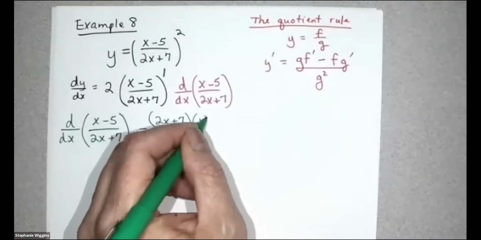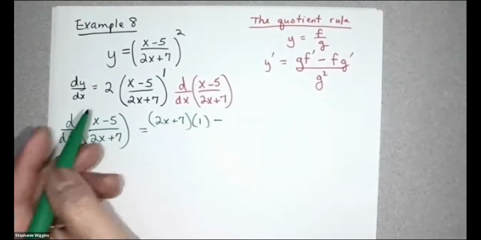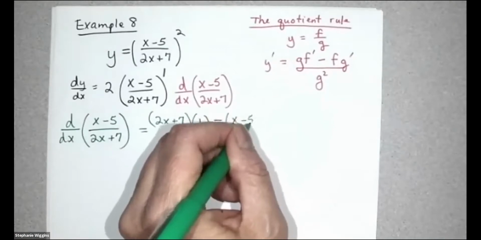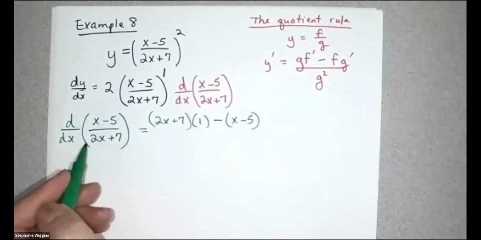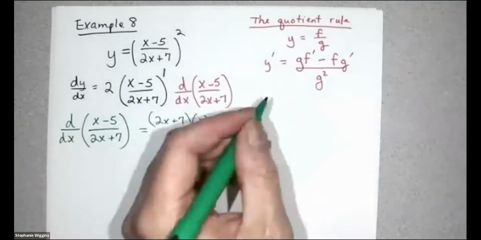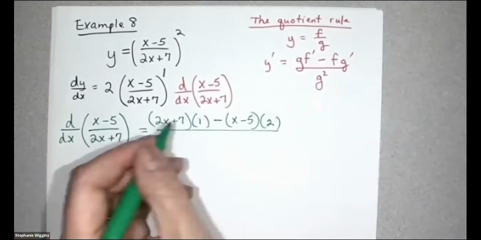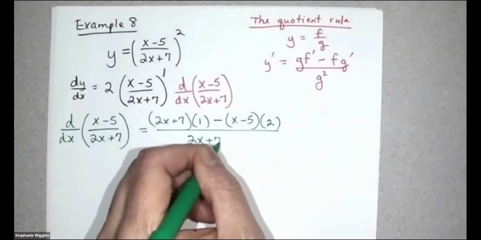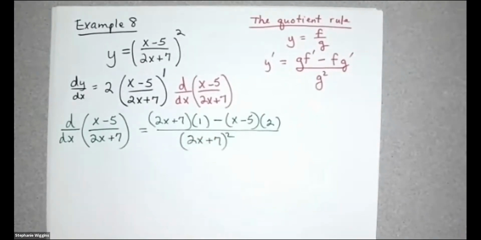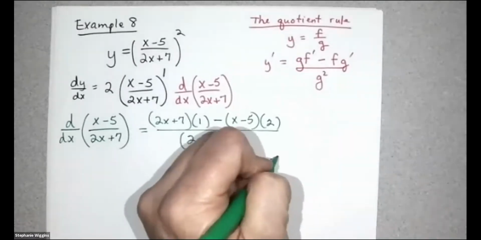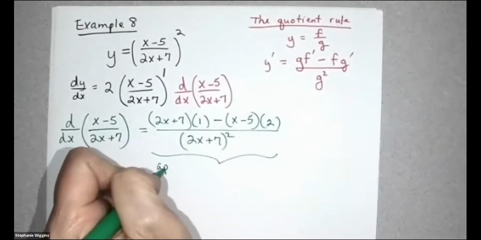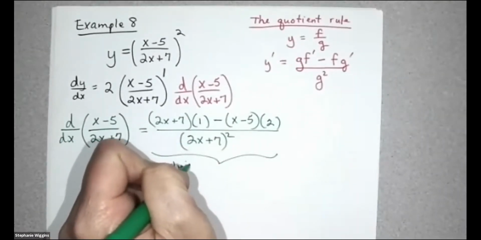That's a linear function. Minus the top function times the derivative of the bottom. Here's another linear function. Derivative is 2. All divided by the bottom squared. Okay? So this is applying the quotient rule.